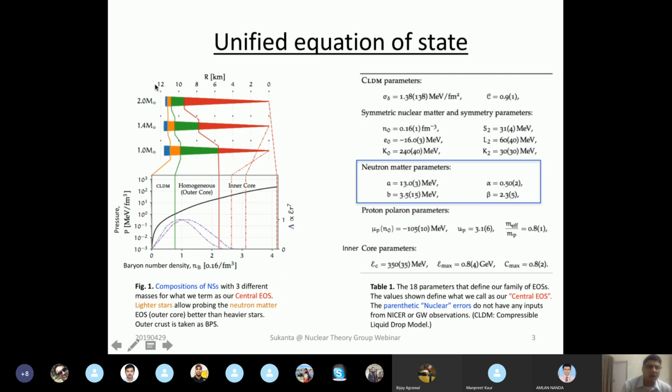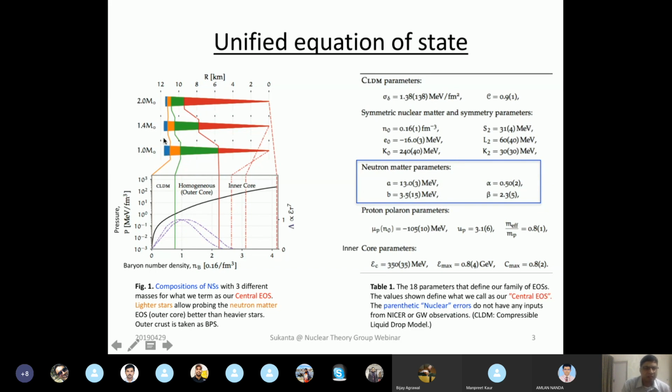Their radii can be read off from this horizontal axis shown on top, going from 0 kilometers in depth, or rather in radius, to 12 kilometers. So at the surface, we use the Baym-Pethick-Sutherland BPS crust. That's standard in literature, so I'm not going to spend too much time on that. That is shown in blue here.